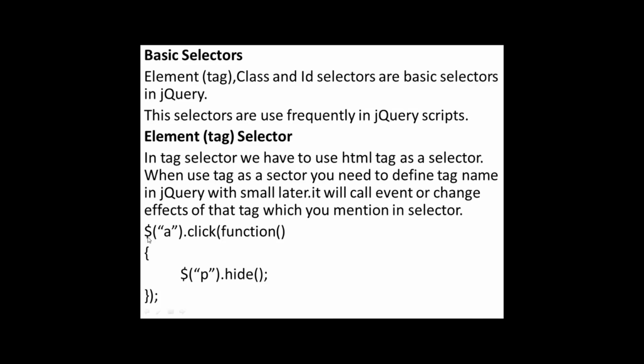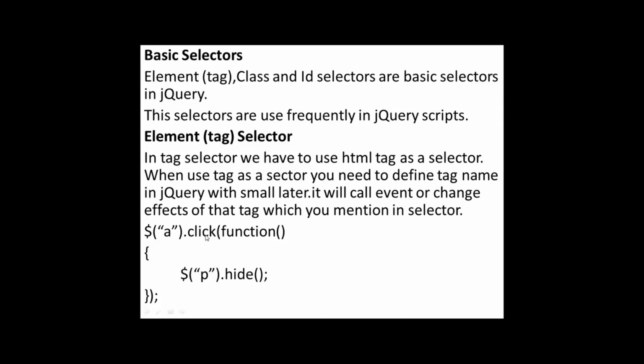Here I show you one example. Dollar, then inside that, a is the selector. Here I use a as an anchor tag name selector, which will be used with the click event. When I click on the anchor tag or a link tag, it will call the click event.